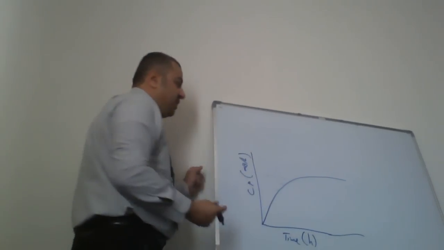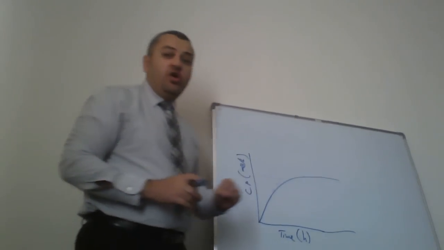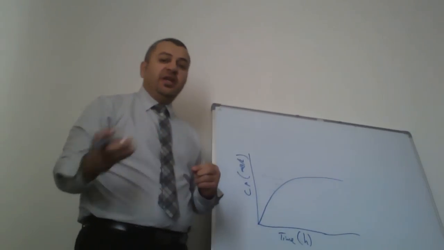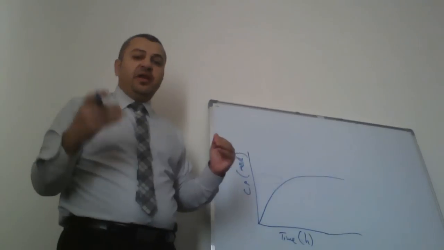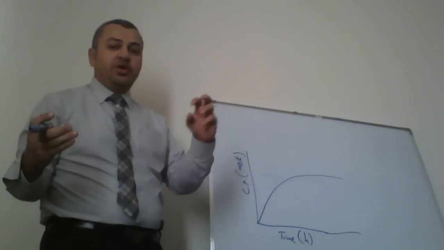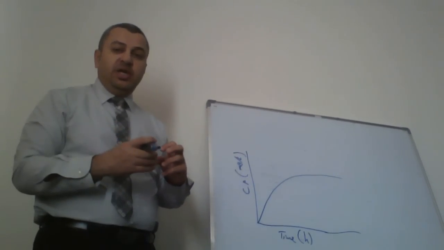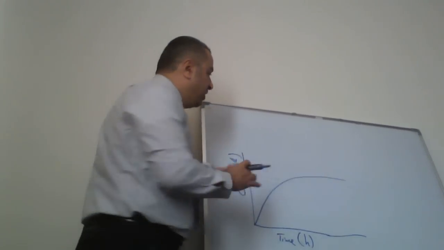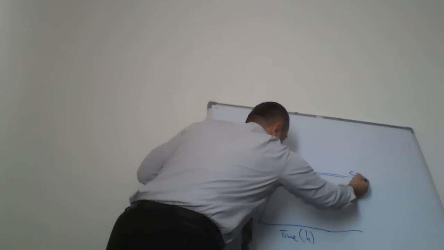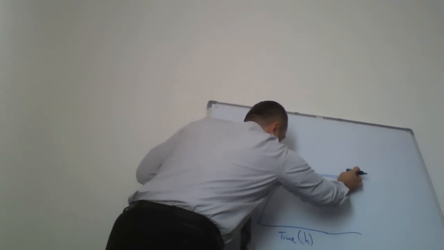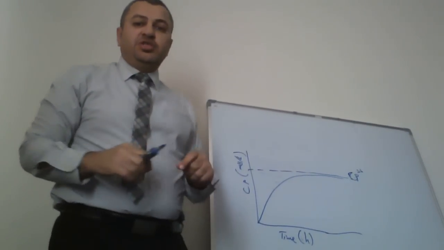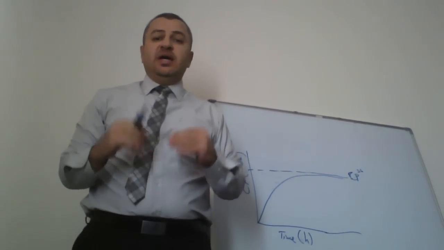Why does it start to level off at this stage? Because, as I said, while the concentration is increasing, the rate of elimination increases until the rate of elimination and the rate of input, K0, the rate of infusion, become equal. At that time, you are reaching what we call Cpss, the concentration of the drug in the plasma at steady state.